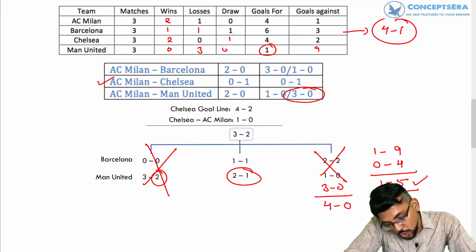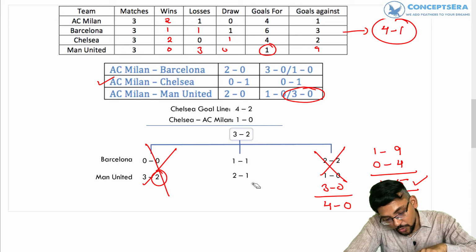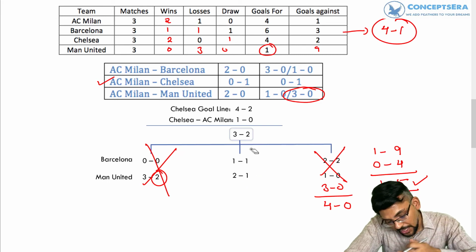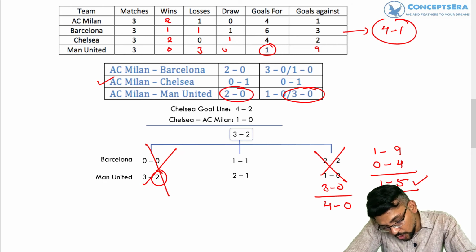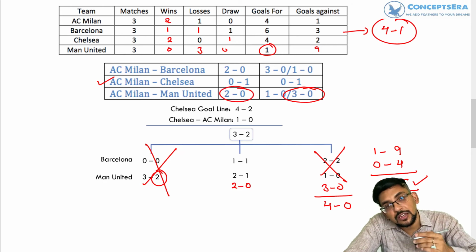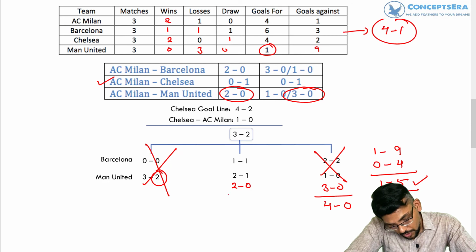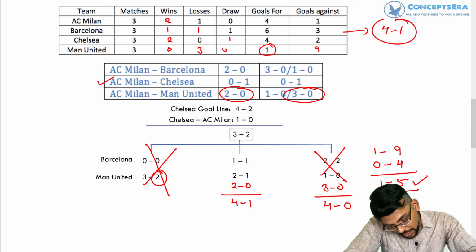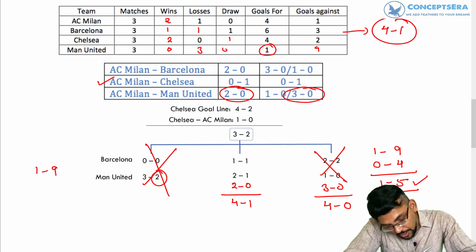Here we can say when 2-1 is the goal line against Man U by Chelsea, and if I take the 2-0 goal line here by AC Milan against Man U, then the goal line will be 4-1. Now out of the 1-9 goal line, the 1-4 goal line is done.